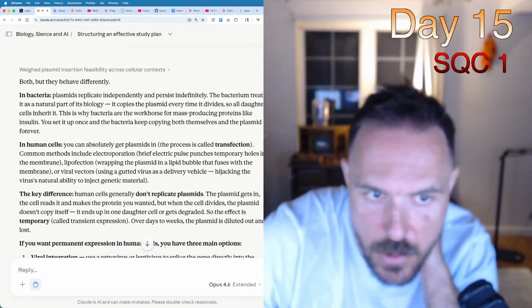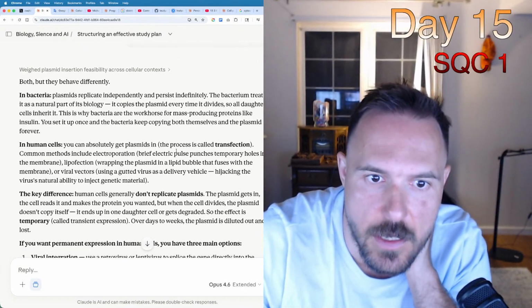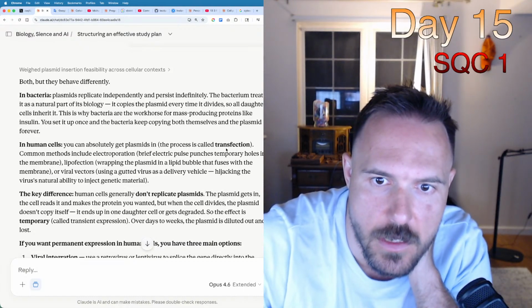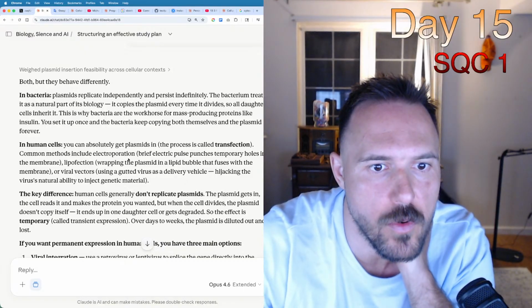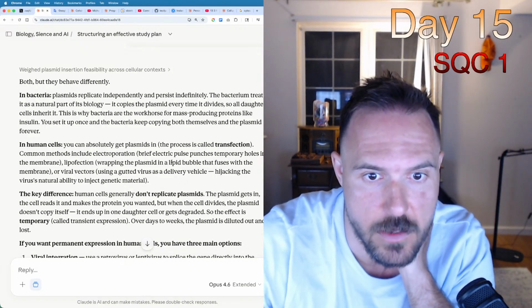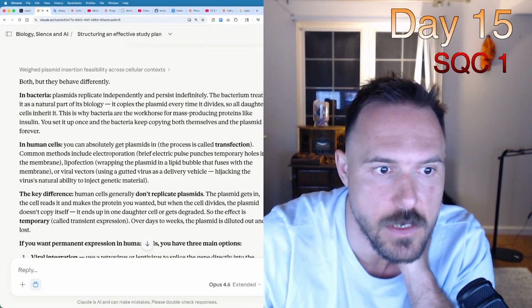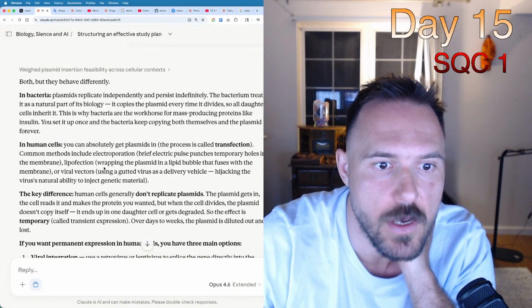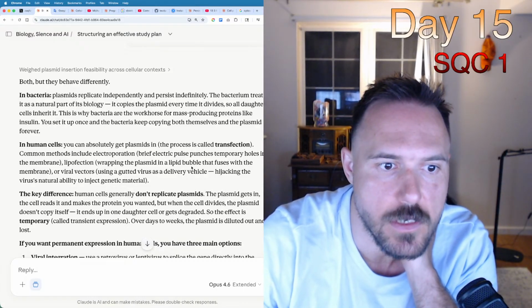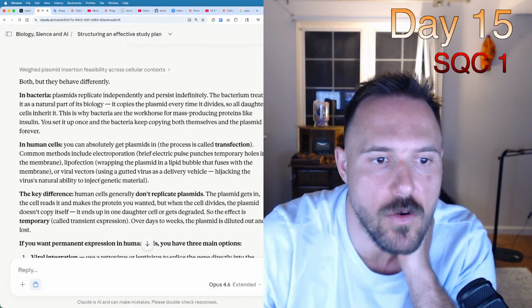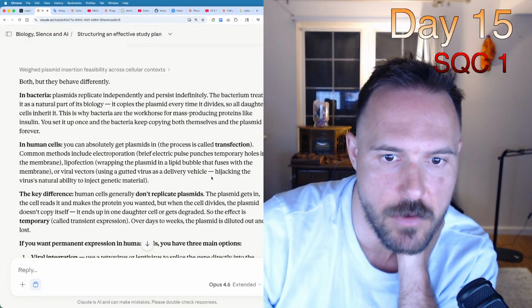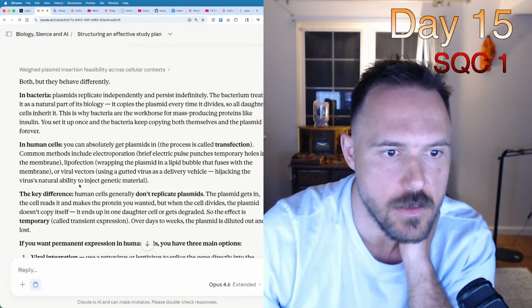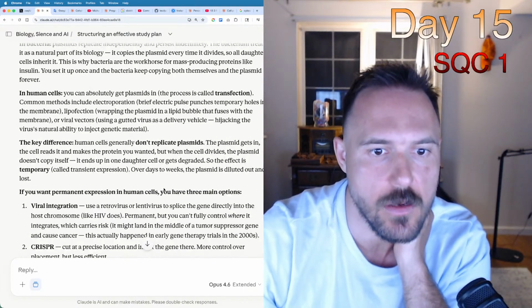In human cells, you can absolutely get plasmids in. The process is called transfection. Common methods include electroporation, a brief electric pulse that punches temporary holes in the membrane, lipofection, wrapping the plasmid in a lipid bubble that fuses with the membrane, or viral vectors, a delivery vehicle hijacking the virus' natural ability to inject genetic material.